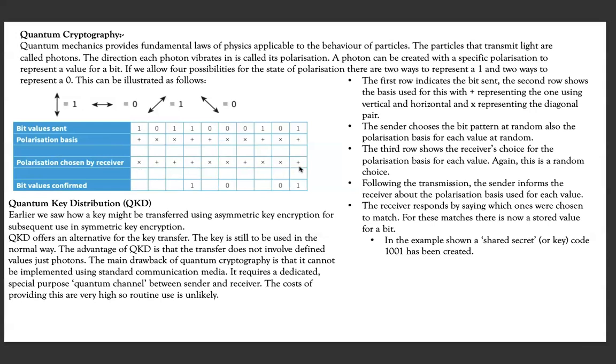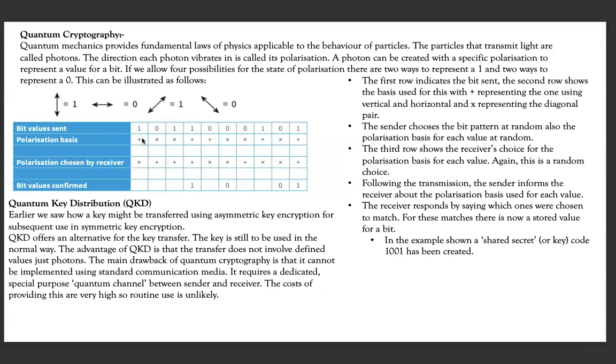When sending and receiving is done, the sender and receiver discuss bit by bit what filter was used by the sender, and the receiver says what they used for receiving that bit. If they are the same, then that is a confirmed value.